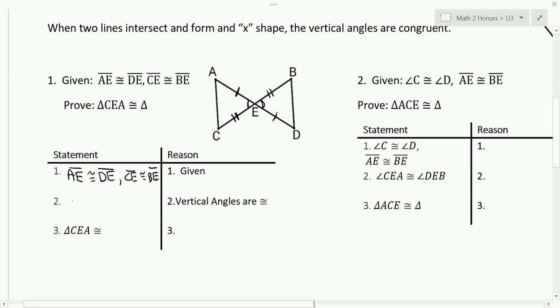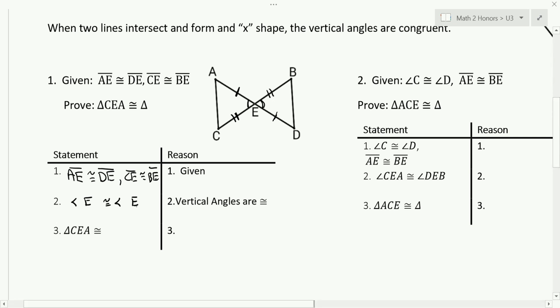All right. Anybody do this? Angle E is congruent to angle E. Anybody do that? I know some did. Okay, I know why you're doing it, and you're kind of right. But that's confusing, because if you did angle A is congruent to angle D, I know which angle you're talking about.